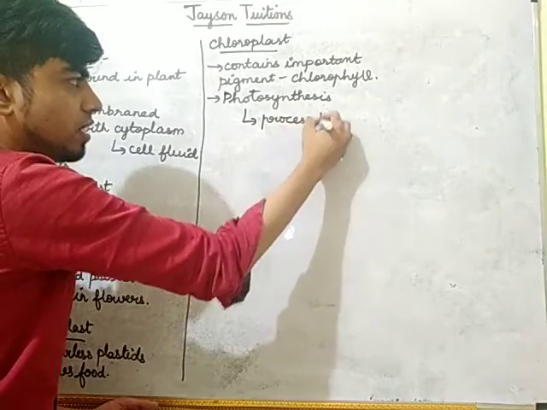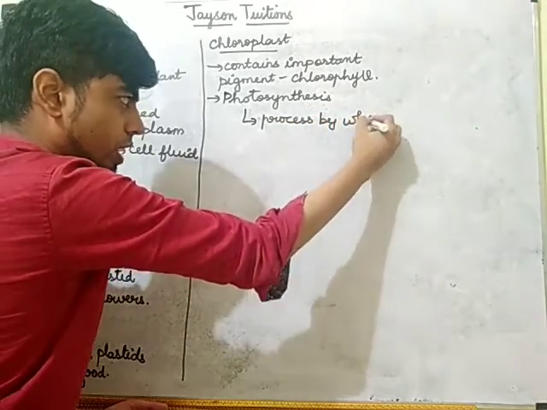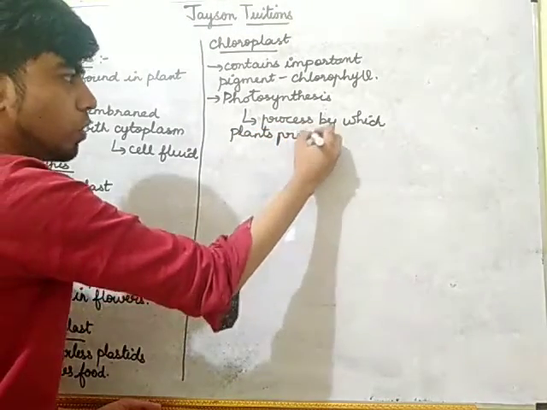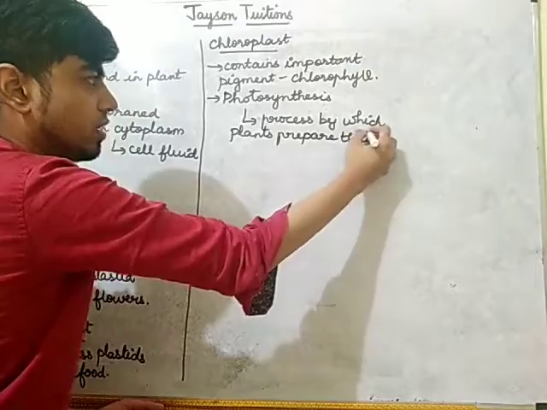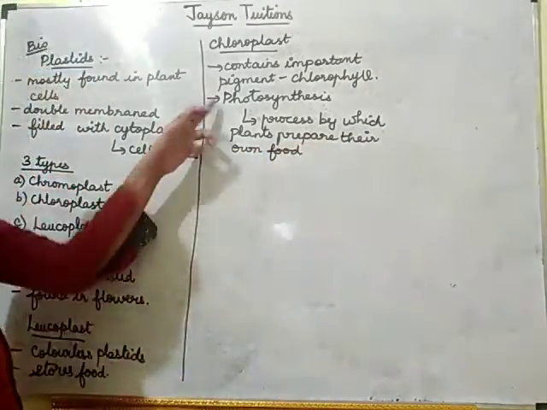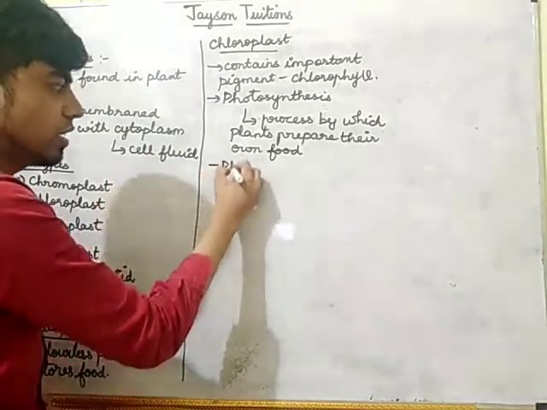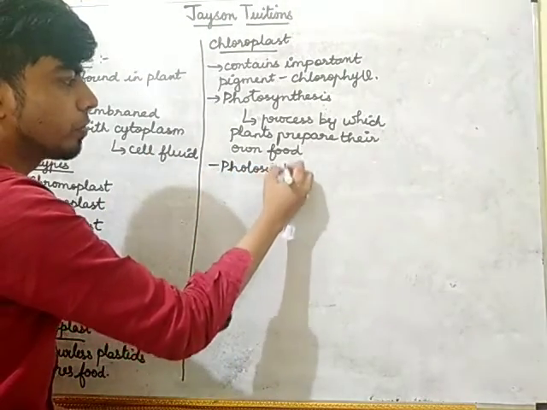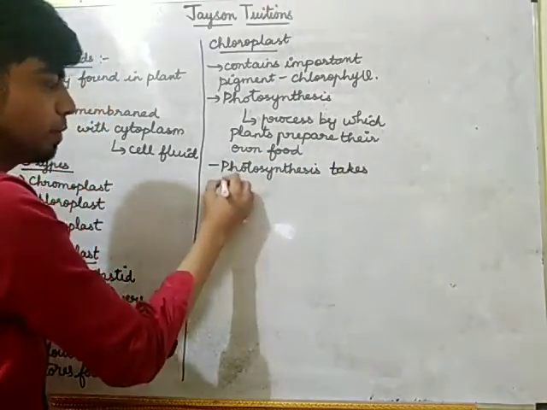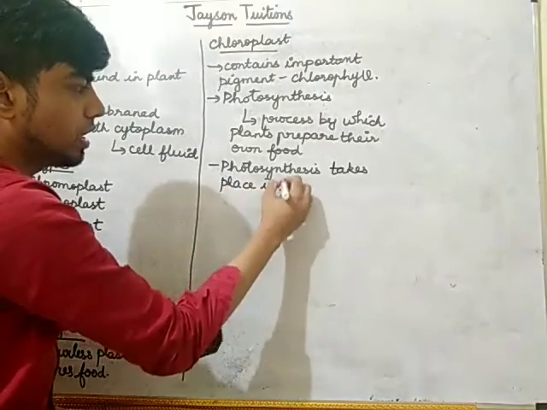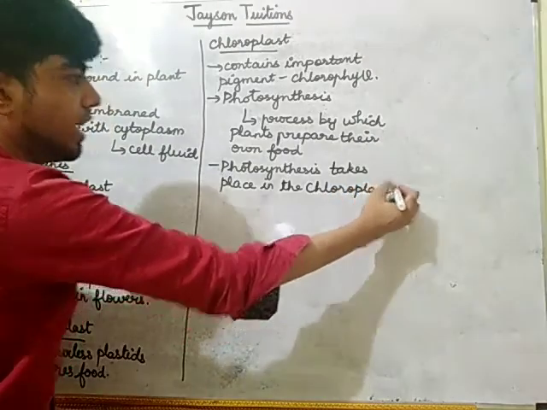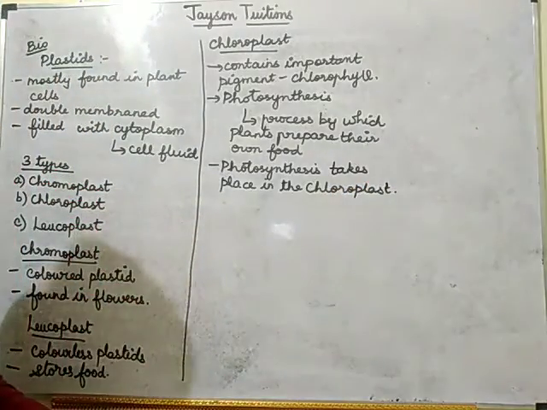Photosynthesis is a process by which plants prepare their own food. This process, photosynthesis, takes place in the chloroplast.